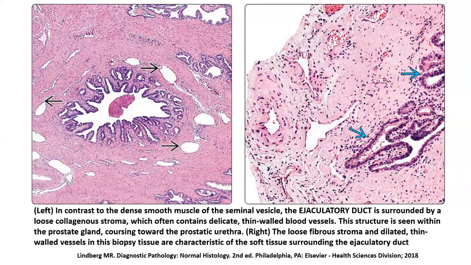You will just get a loose fibrovascular stroma, unlike the seminal vesicle where you have a condensation of muscle bundles around the seminal vesicle tissue. Otherwise, the lining epithelium of both the seminal vesicle as well as the ejaculatory duct are more or less similar. And both of them could actually be neoplastic mimics. We shall be talking about that subsequently.